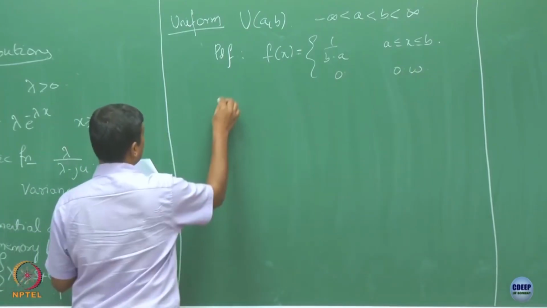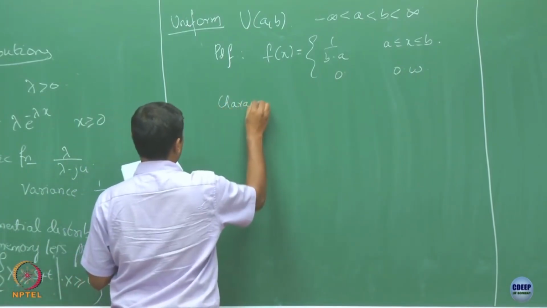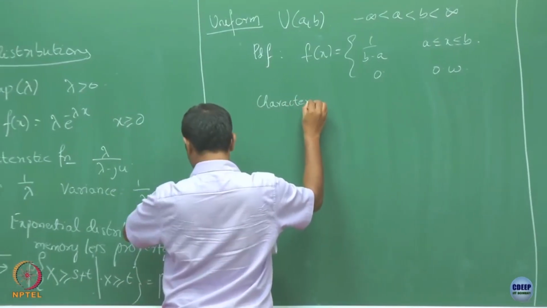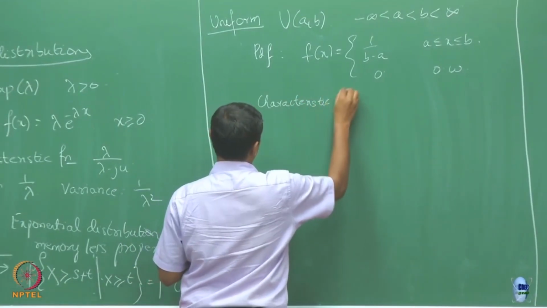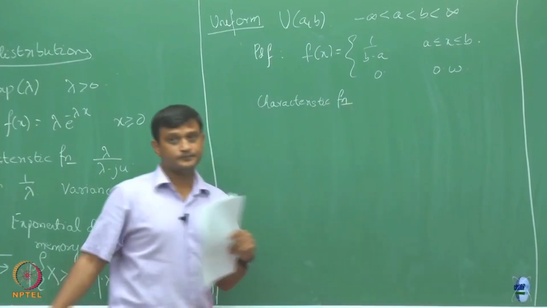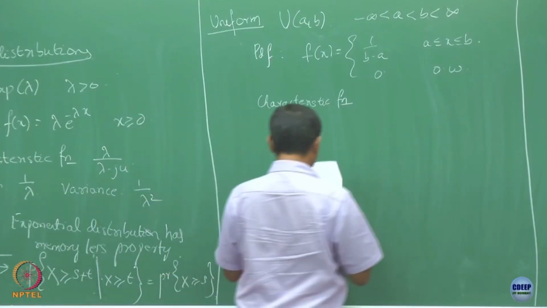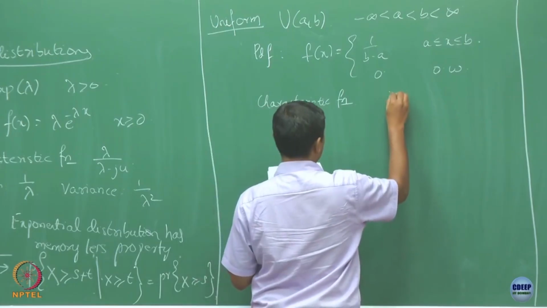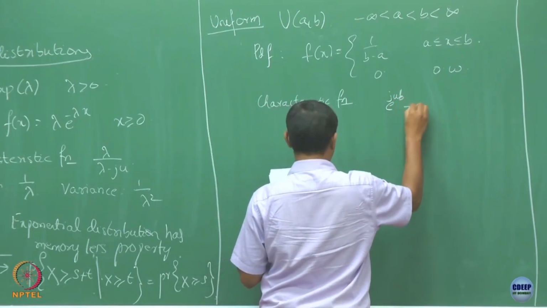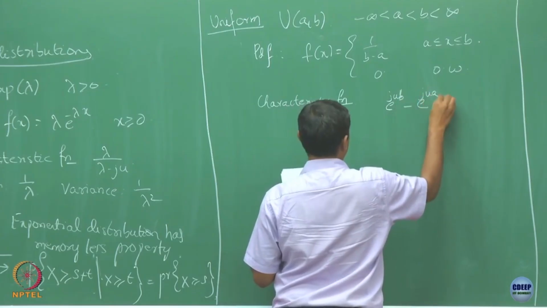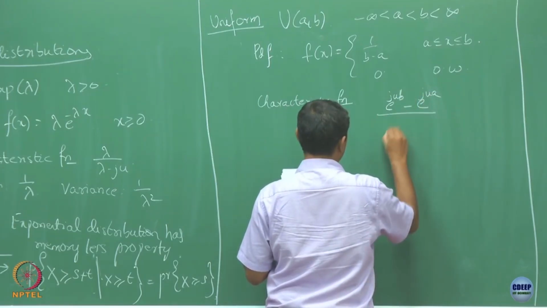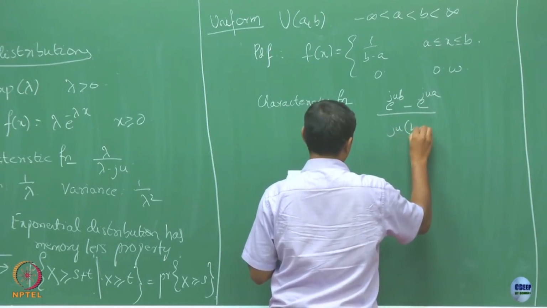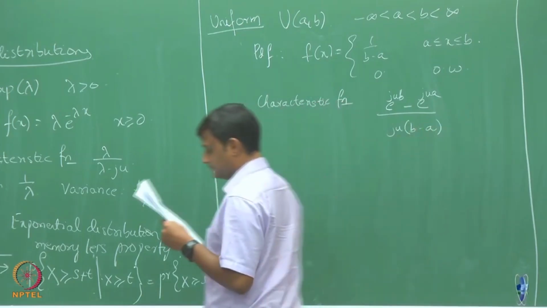Its characteristic function is given by e to the power j u b minus e to the power j u a, divided by j u times b minus a.